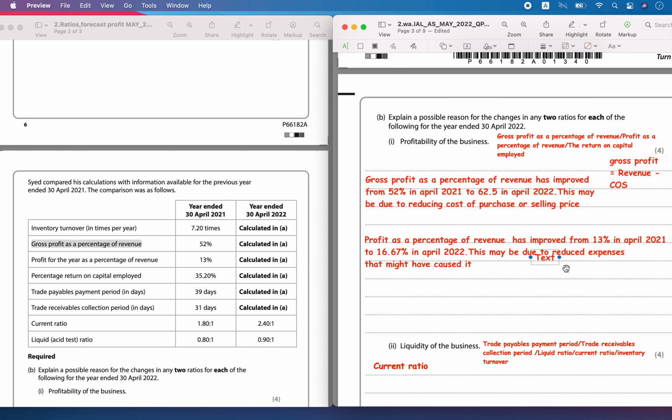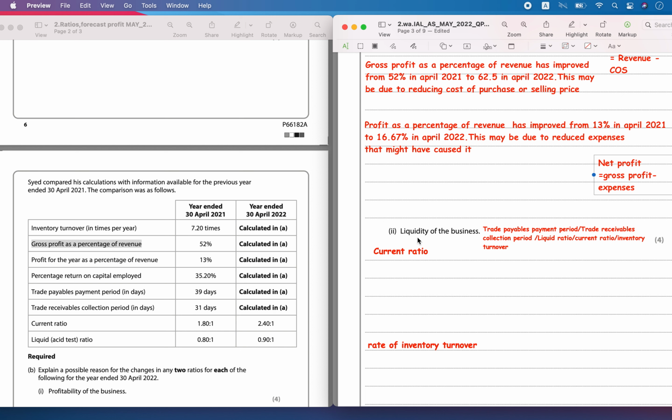You should be able to comment, because the net profit we are talking about here is equal to gross profit minus expenses. So if you have controlled the expenses, your net profit would have increased.